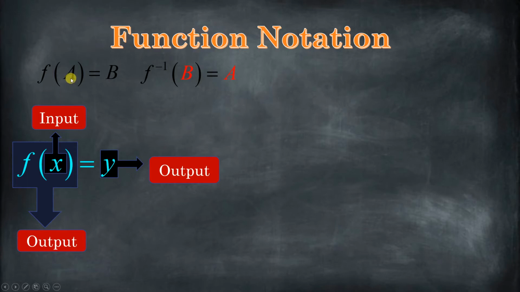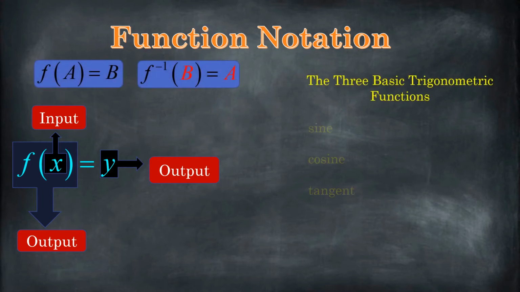So if you have a function whose input is A and the output is B, and you do the inverse function, well, then if the inverse function has an input of B, the output would be A. And that's how they're related. So those are some key things that you have to remember. We're going to address those as we go through, but that's a really big idea: when we're dealing with trigonometry, they're trigonometric functions.